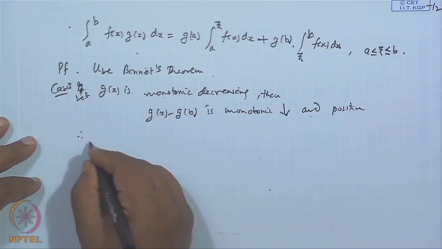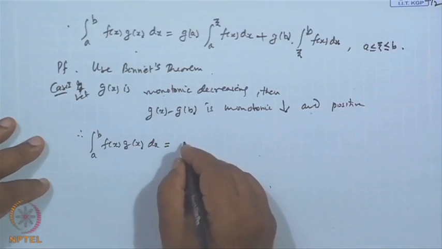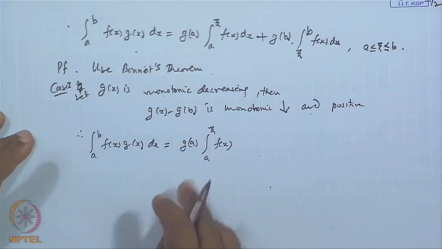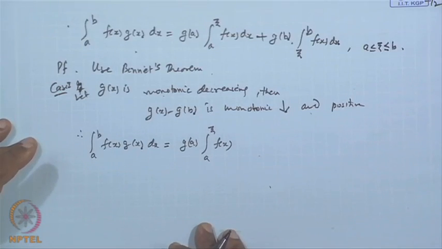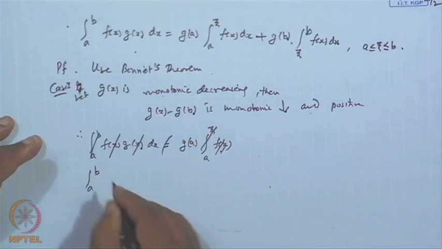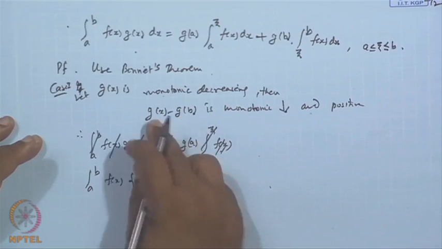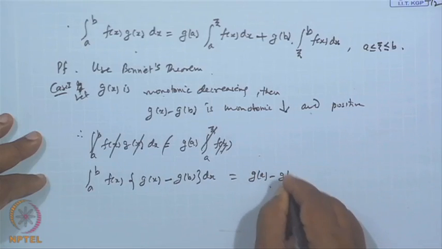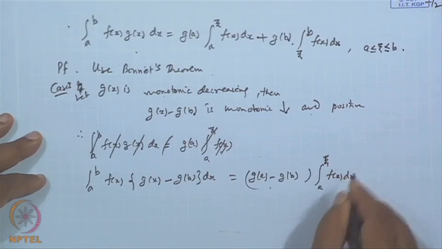Therefore, the integral from a to b of f(x) times g(x) minus g(b) dx, because this is monotonic decreasing and positive, by Bonnet's first theorem will be equal to g of a minus g of b times the integral from a to xi of f(x) dx.